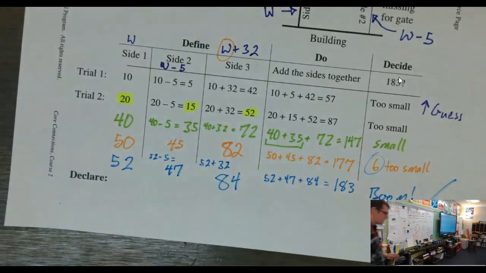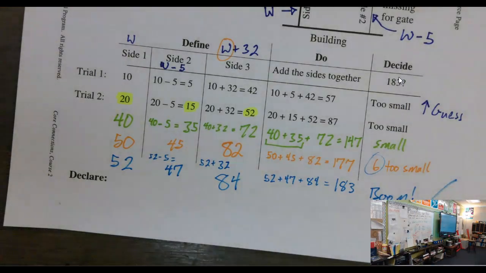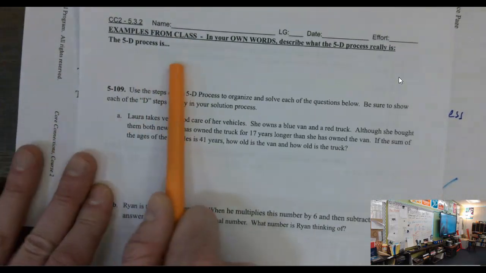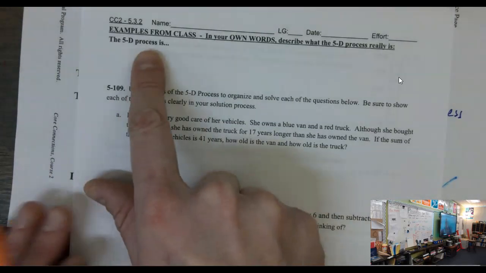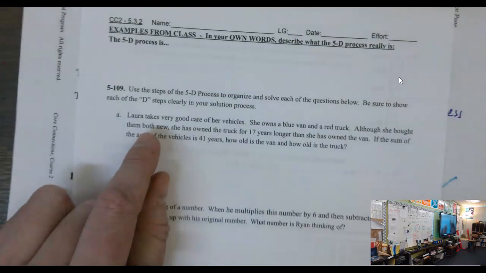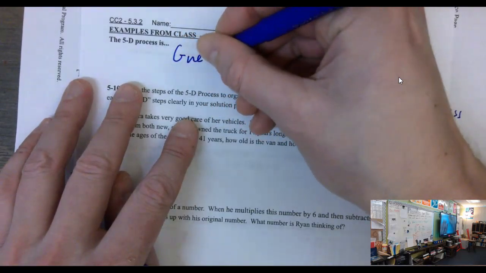Alright, so guys, what we really just did is we said, here's what we're trying to get to. Let's take a guess and see if we get there. If we don't, we adjust our guess. So on your 5.3.2 paper, you can write whatever you want for what the process is, but in my own words, it's a guess, right?